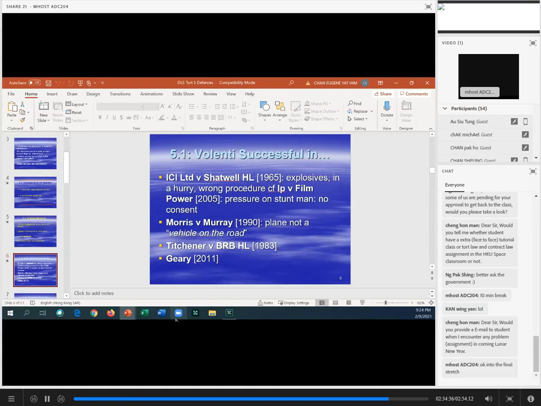The weather was bad. All right, got the picture? Shortly after takeoff, the aircraft crashed, not surprisingly. The accident killed the pilot and seriously injured the plaintiff. So the Court of Appeal accepted that under these circumstances the plaintiff had voluntarily assumed the risk and the defence of volenti was established. Morris and Murray.